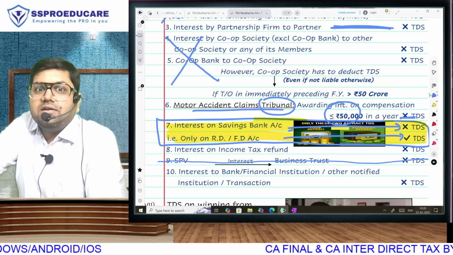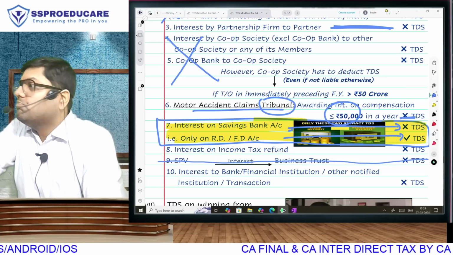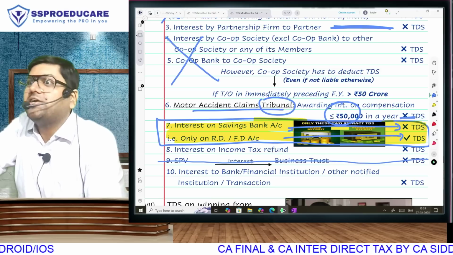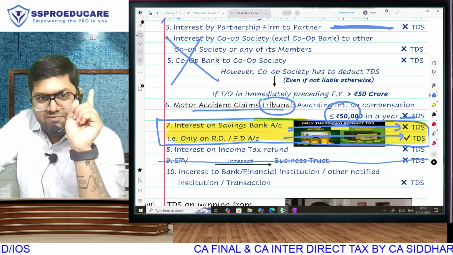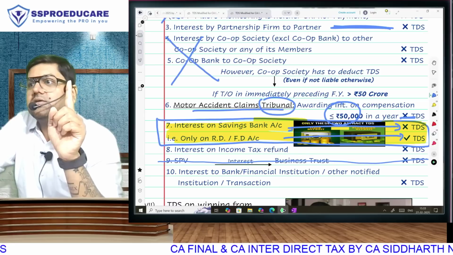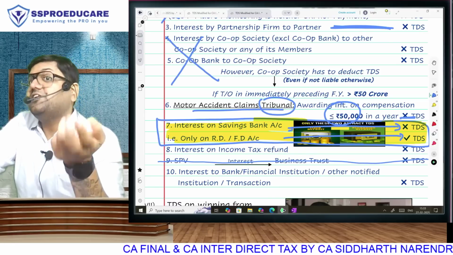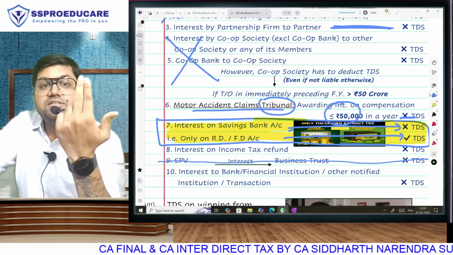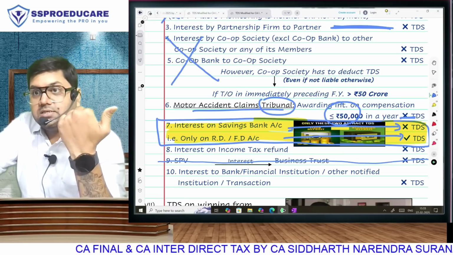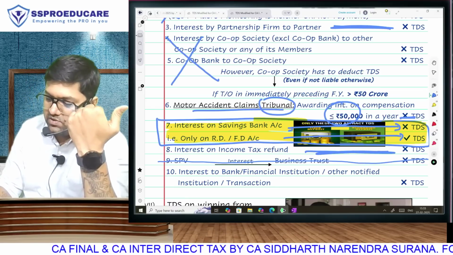Yes. The refund is not taxable because tax paid is not allowed as a deduction. Please understand, when we pay income tax, we don't get a deduction, so when we get our refund, it is not taxable. But is interest our extra receipt? So is interest taxable? Yes, but on that interest there will be no TDS.